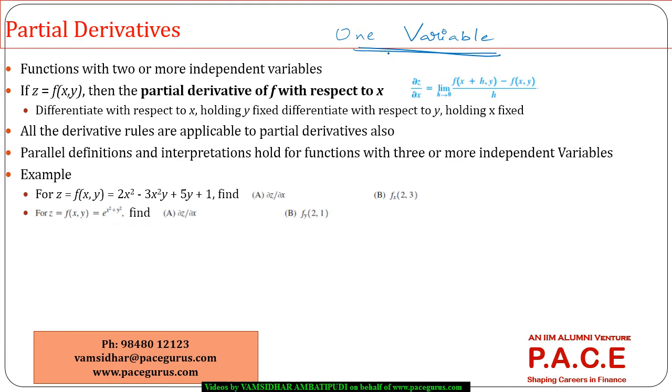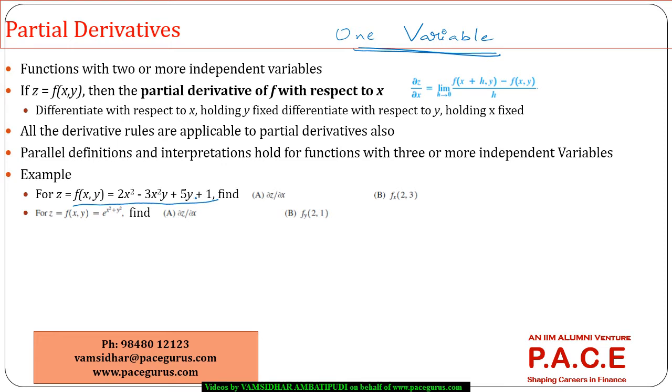So I have done only for one variable. But if my function has more than one variable, something like this, I am having a function f of x, y, which is 2x squared minus 3x squared y plus 5y plus 1. So something in x and something in y.